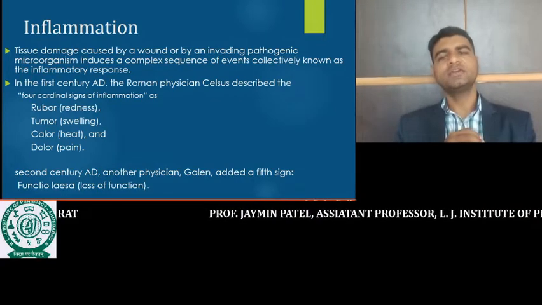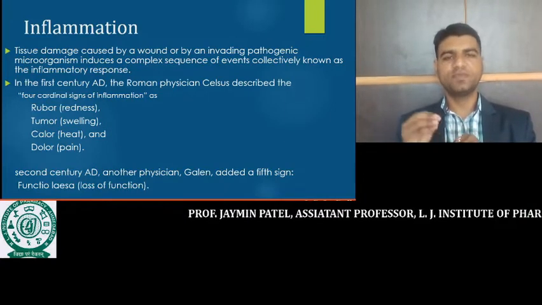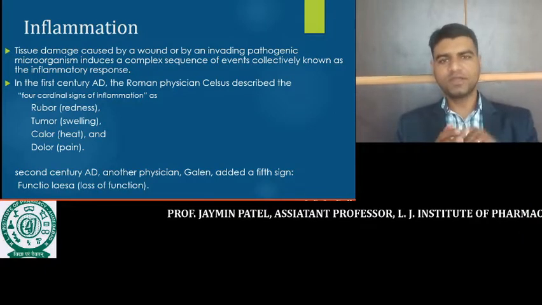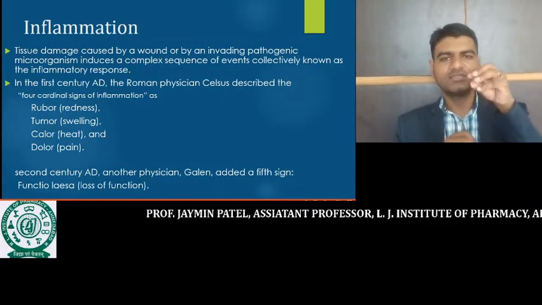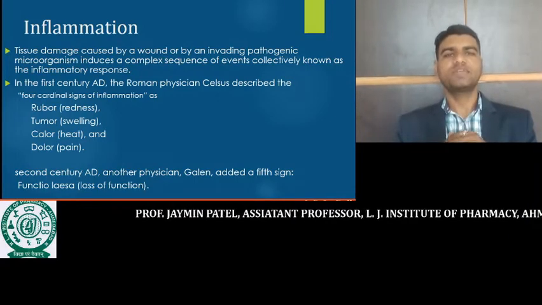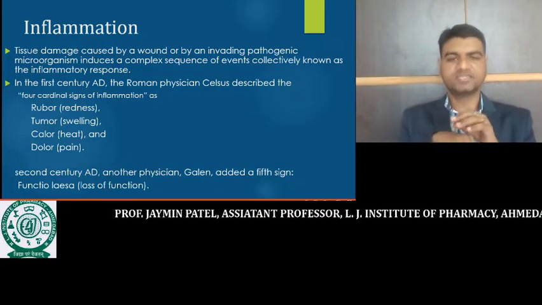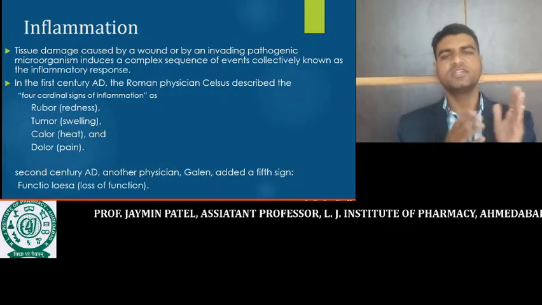In the second century, another scientist, Galen, introduced the fifth sign of inflammation, that is functio laesa. It means that in the particular part where inflammation occurs, the function of that tissue is completely destroyed. That means loss of function occurs.